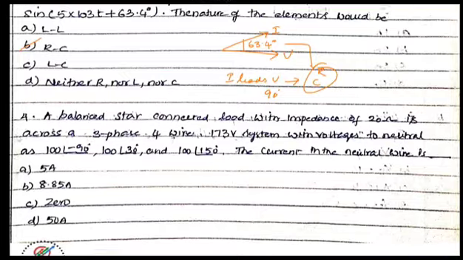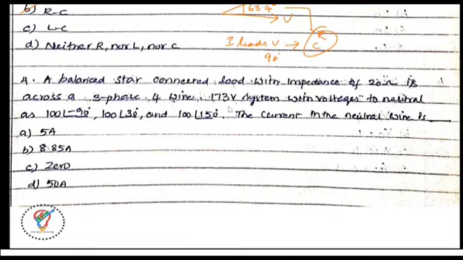Next one. A balanced star-connected load with an impedance of 20 ohms is connected across a three-phase 4-wire 173 volt system with voltage to neutral as 100 at angle minus 90, 100 at angle 30, and 100 at angle 150. The current in the neutral wire will be 0, because the system is balanced.